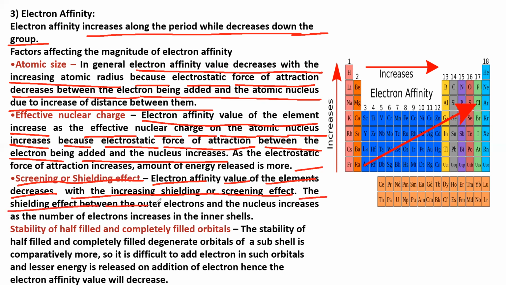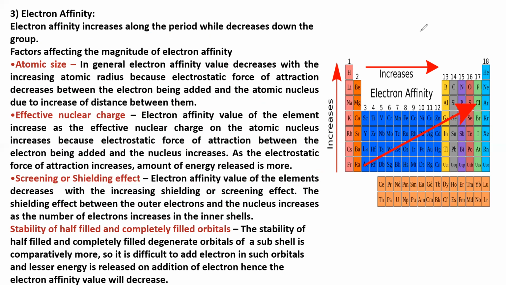The shielding effect between the outer electrons and the nucleus increases as the number of electrons in the inner shells increases. So in simple terms, the electron affinity value of elements decreases with increasing shielding or screening effect. I hope it is clear.